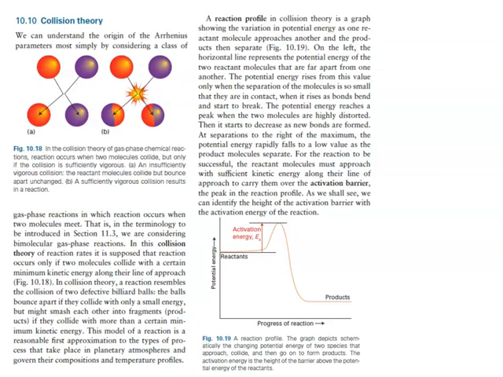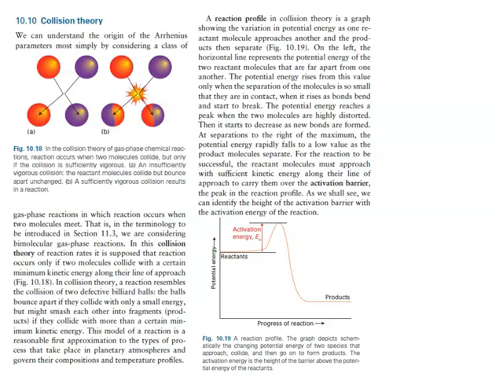The potential energy rises from this value only when the separation of the molecules is so small that they're actually in contact, when it rises as bonds bend and start to break. The potential energy reaches a peak when the two molecules are highly distorted. Then it starts to decrease as the bonds are formed.